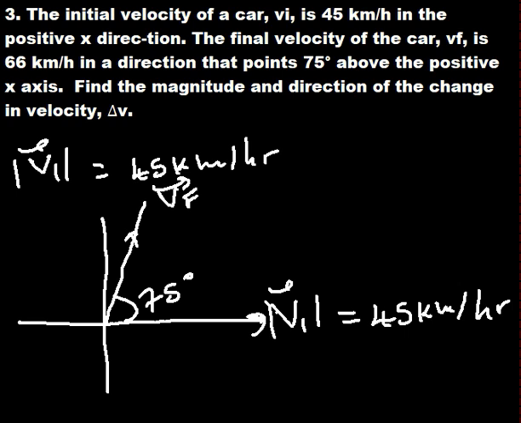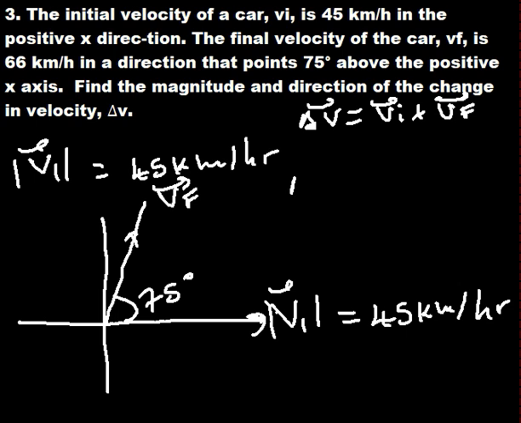And now the question says to find the magnitude and the direction of the change in velocity, which is delta v. So delta v is the same as vf minus vi.